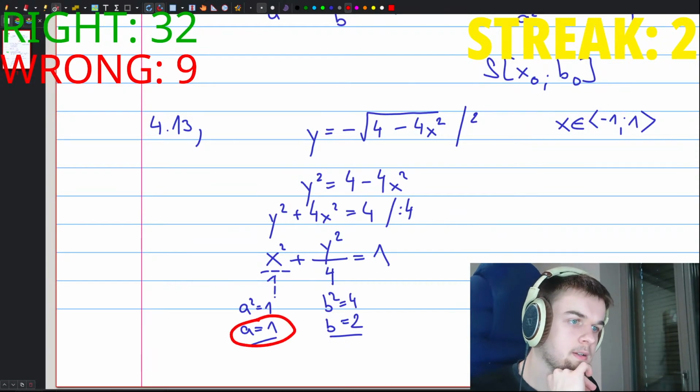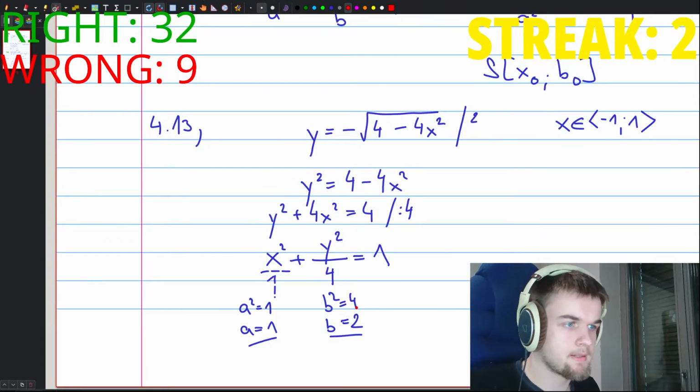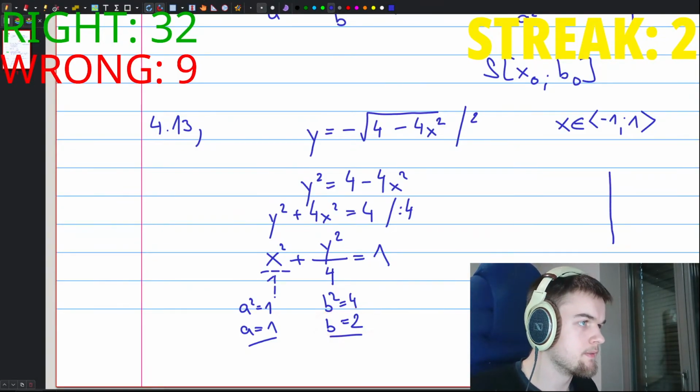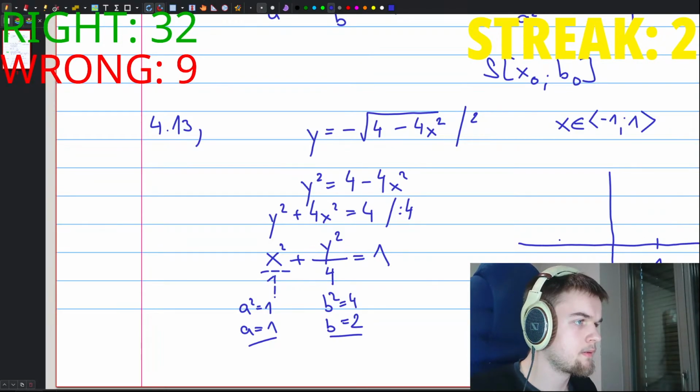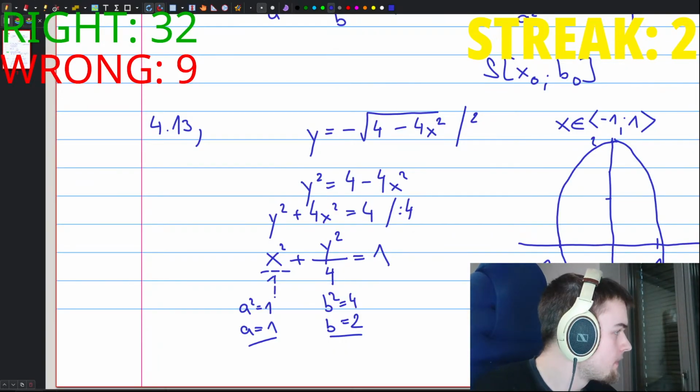And since this implies the width on the x-axis and this on the y-axis, we get something like this: 1, minus 1, 2, minus 2. Hey, we'll roll with that, man.